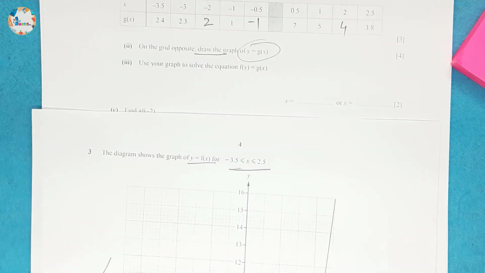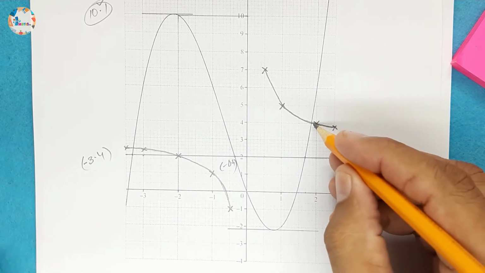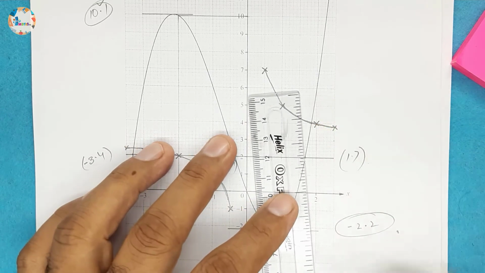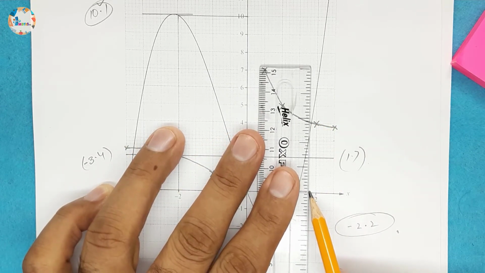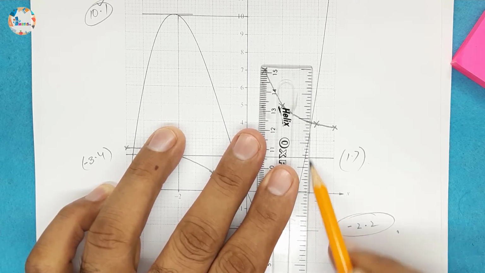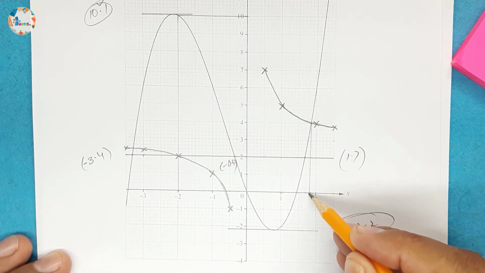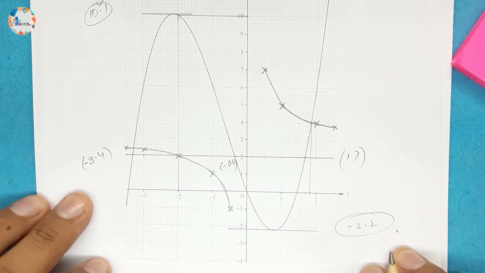Now the next part they are saying use your graph to solve f of x is equal to g of x. So we will be checking these points of intersection. For this reference, what we can do, we can draw a line over here, which is 1.8 something like that.